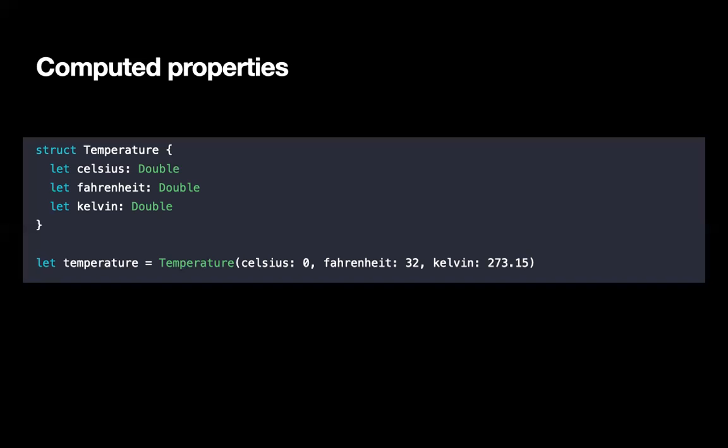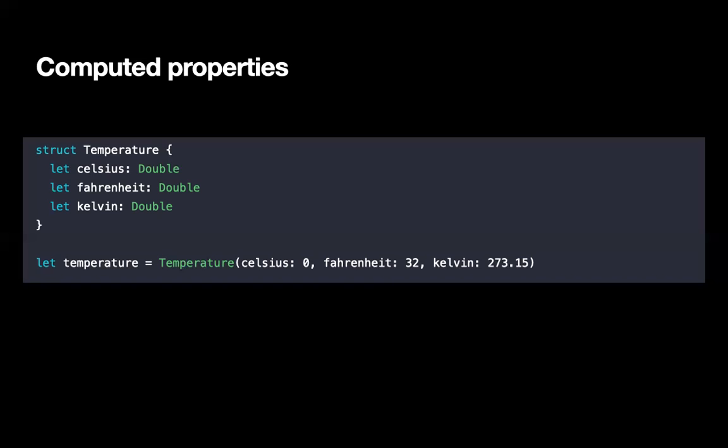So we have created a structure with all three measurements: Celsius, Fahrenheit, and Kelvin. If you use the memberwise initializer for this structure, anytime you would write code to initialize the temperature object, you would need to calculate each temperature and pass all those values as parameters like this.